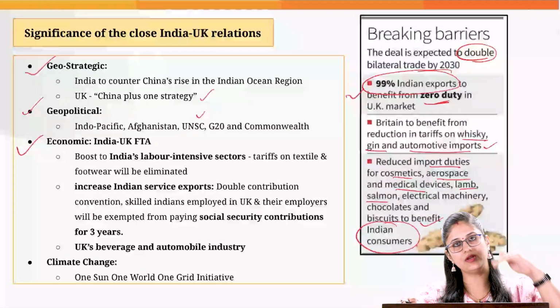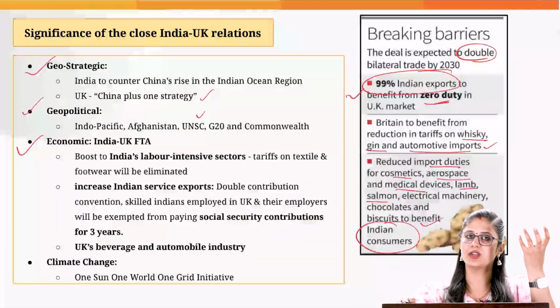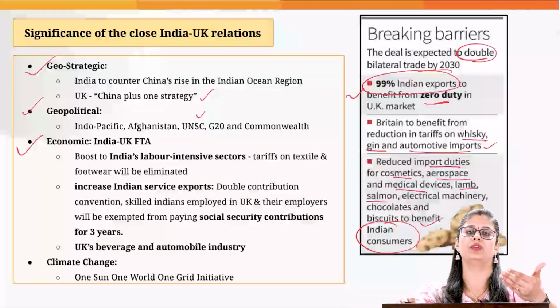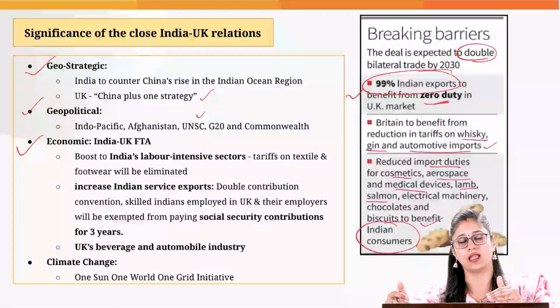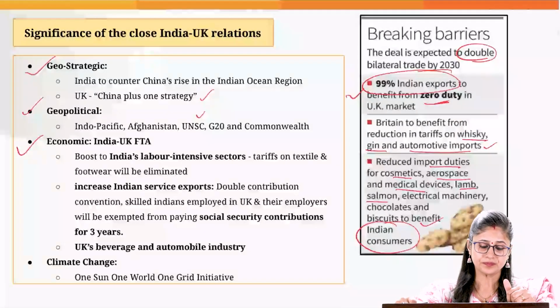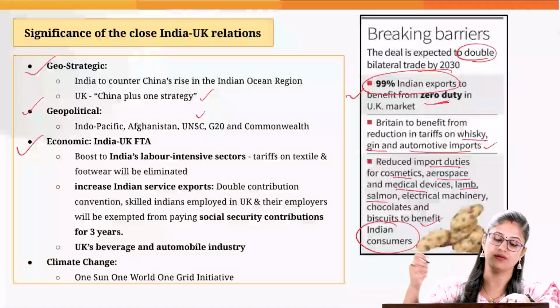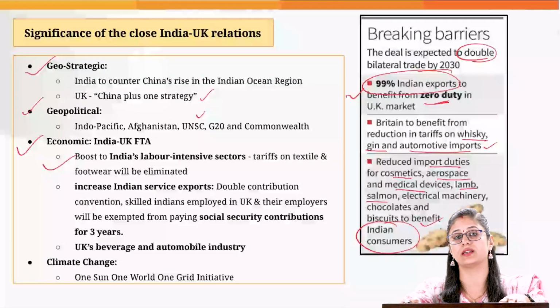Why? Because when we eliminate the tariff, ultimately the price of that particular product would go down. So now you will be able to buy these products at a lesser price. And according to the government, this free trade agreement is going to give a boost to India's labor intensive sectors. Why?